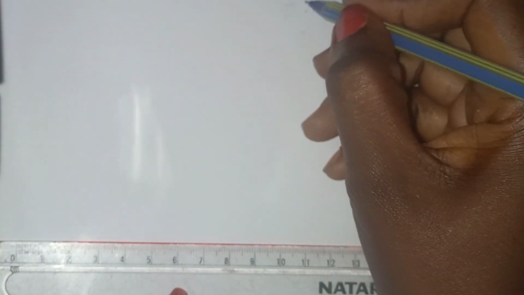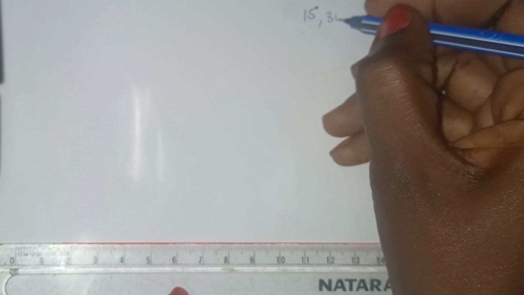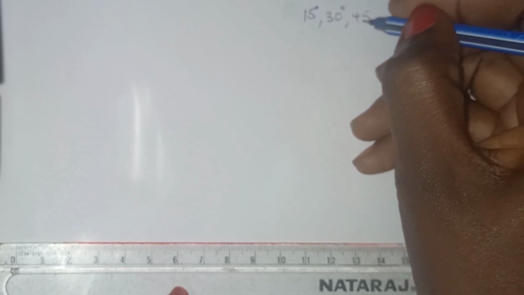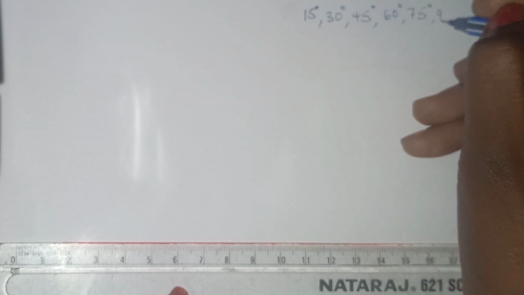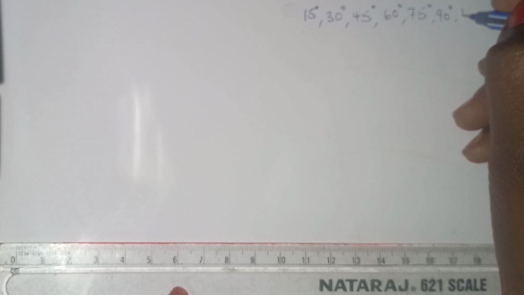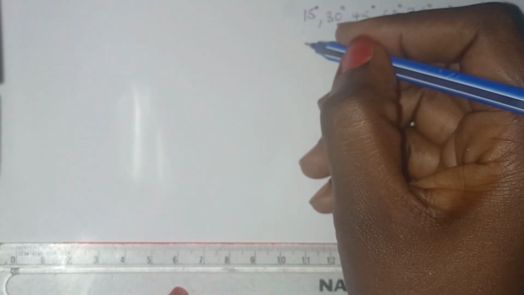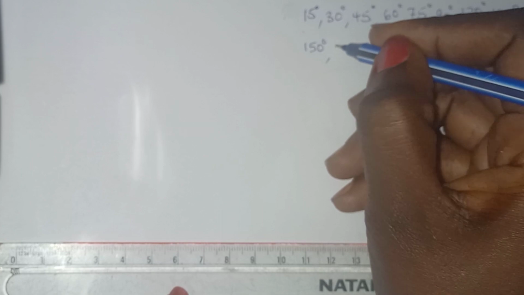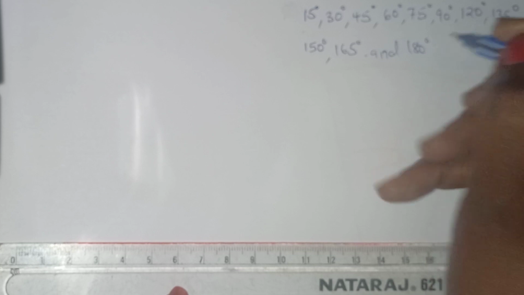So here we have 15 degrees, 30 degrees, 45 degrees, 60 degrees, 75 degrees, 90 degrees, 120 degrees, 135 degrees, 150 degrees, 165 degrees, and 180 degrees.